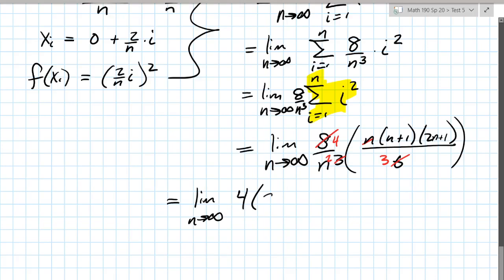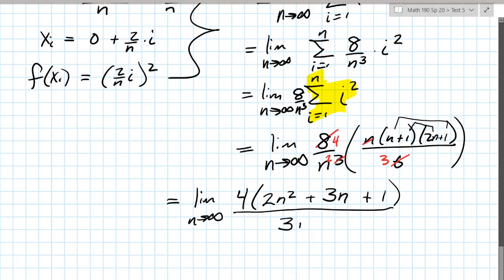So that's going to give me 2n squared, the inside and outside terms we'll combine together, 3n, and then the last terms, plus 1. And on the denominator, we have 3n squared.